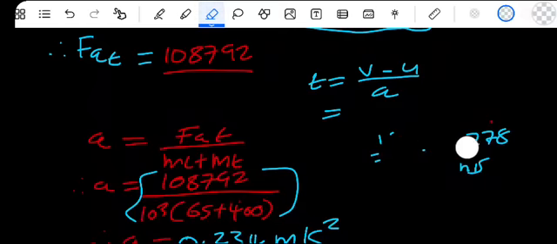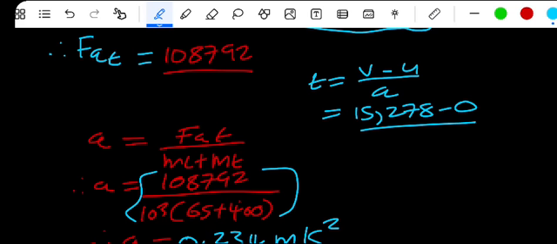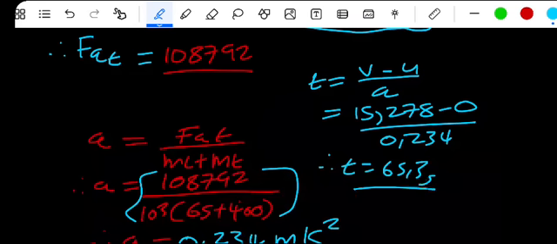So 15.278 minus 0, since it's from rest. Acceleration is the one that we got there. So therefore the time is 65.3 seconds. That is what we have. It's our time.